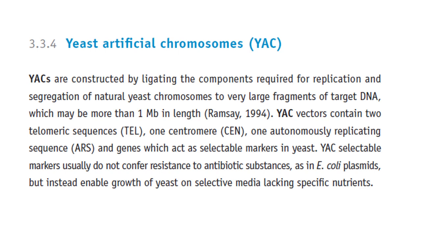YAC selectable markers usually do not confer resistance to antibiotic substances, as in E. coli plasmid, but instead enable growth of yeast on selective media lacking specific nutrients. That is the selection criteria for yeast artificial chromosome. Your media will lack something and the transformant will survive in that media through the genes present in the YAC.